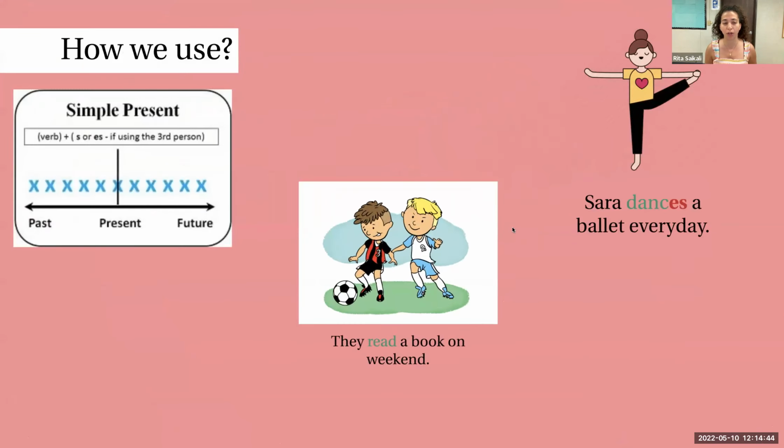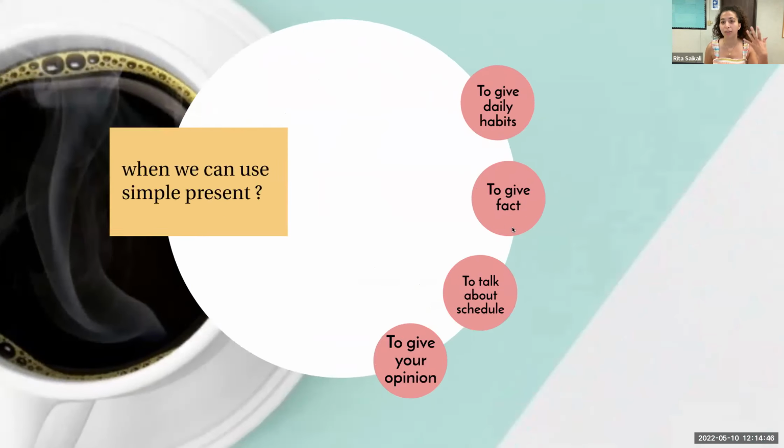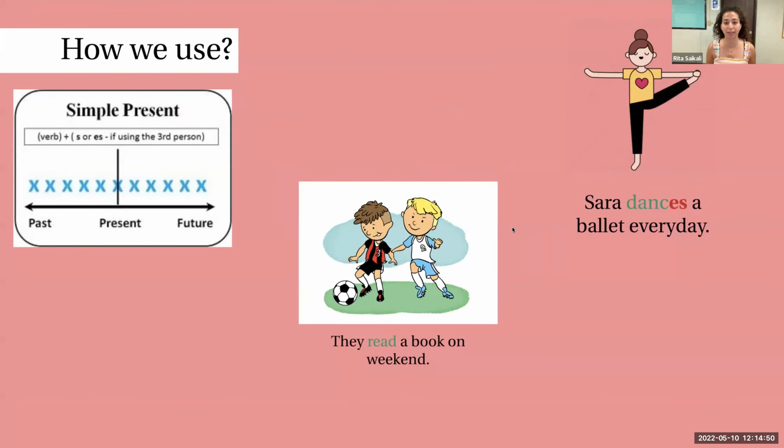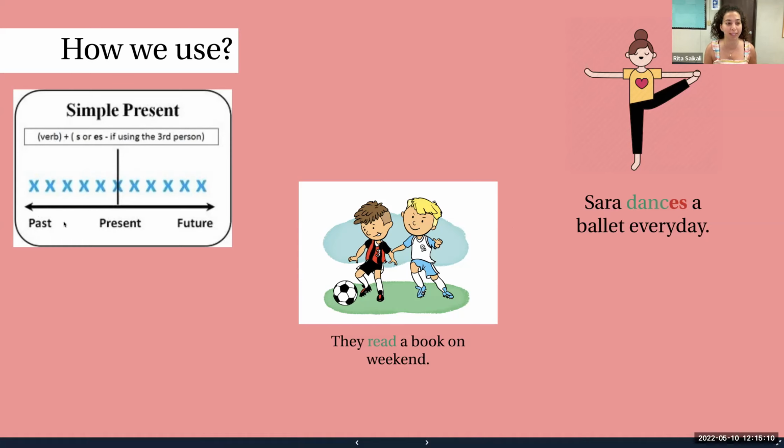Okay, so to show habits, how do we use it? We use simple present basically with the verb itself just as it stays, except with third person singular. Most of the time, we add s. In this chart, we see that it's almost always continuous.